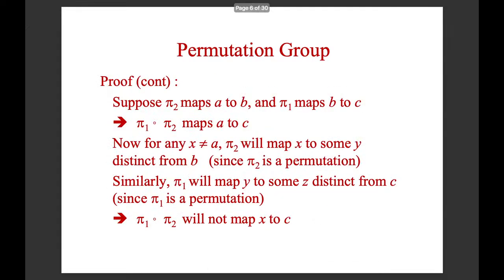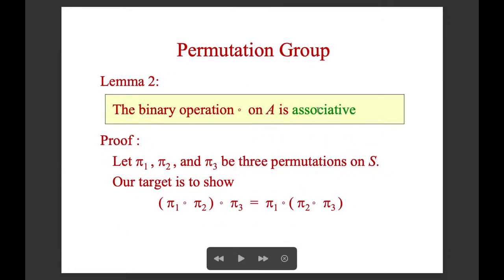Also, this binary operation is associative. What does that mean? Suppose that we have permutations pi 1, pi 2, and pi 3. And suppose that we operate pi 1 dot pi 2 first, and then dot pi 3. So this is a composition, right? For this composition, it is applying pi 3, and then applying the composition of pi 1 and pi 2.